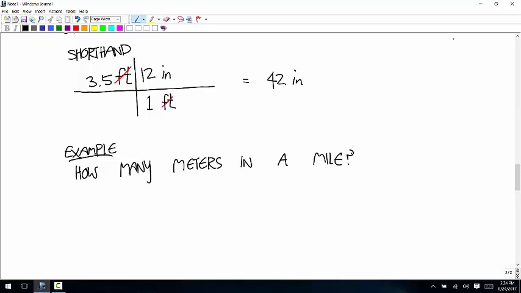Okay, so what are we going to use? There are a few things that I know. I happen to know that there are 3.281 feet in a meter. And I happen to know that there are 5,280 feet in a mile.